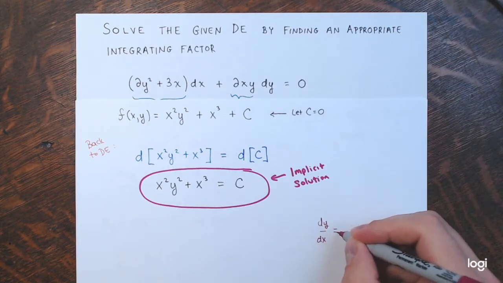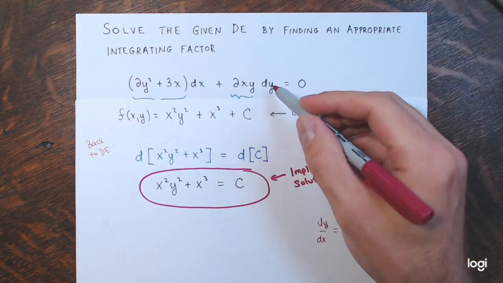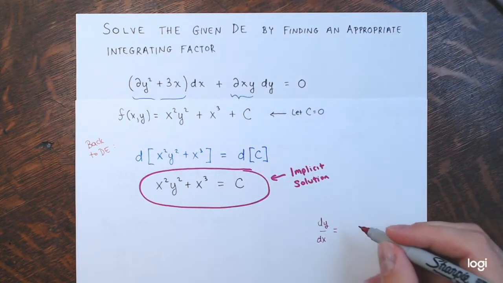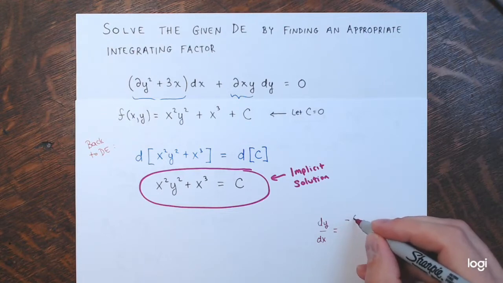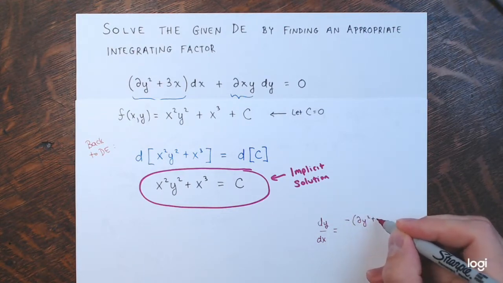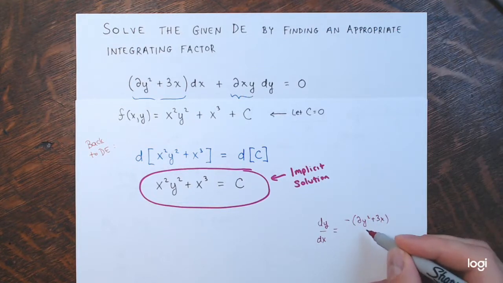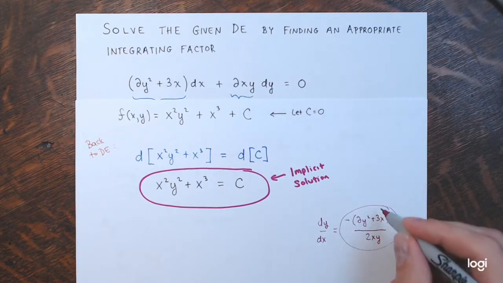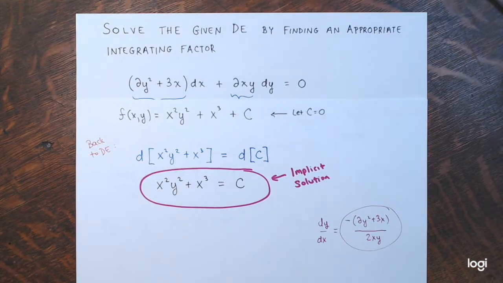So I'm going to enter here dy dx would be the opposite of the quantity 2y squared plus 3x divided by 2xy. All right, so I'll enter this into my slope field generator through Desmos.